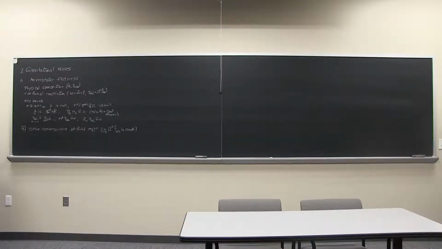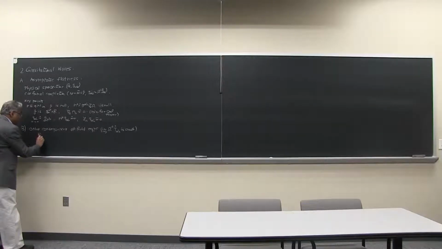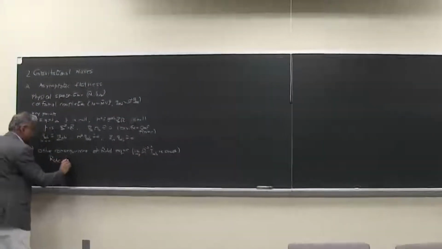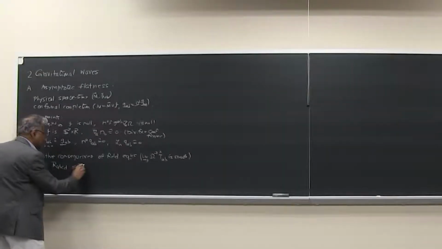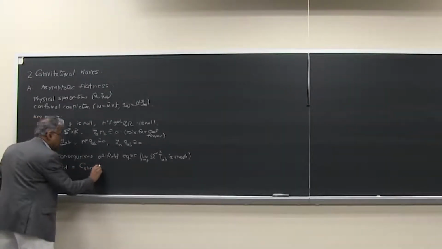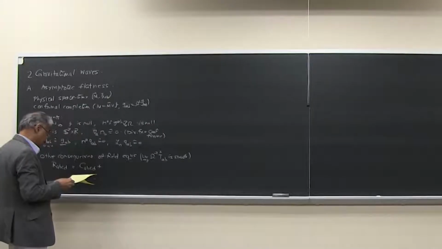So the key point up here is the following: we remember that the Riemann tensor can be expanded in terms of the Weyl tensor. And so we got the Weyl tensor plus terms involving the Schouten tensor.